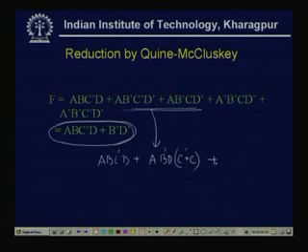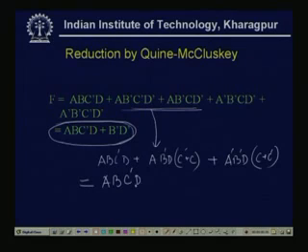Similarly, for the last two min terms, I can take a' b' d', a' b' d', again this will be c plus c'. Now, c plus c' is 1. So, this reduces to a b c' d plus a b' d' plus a' b' d'.